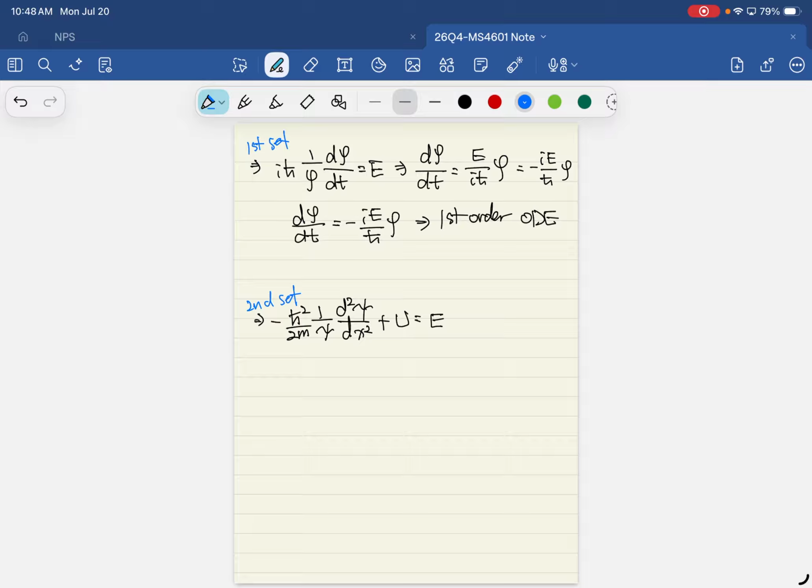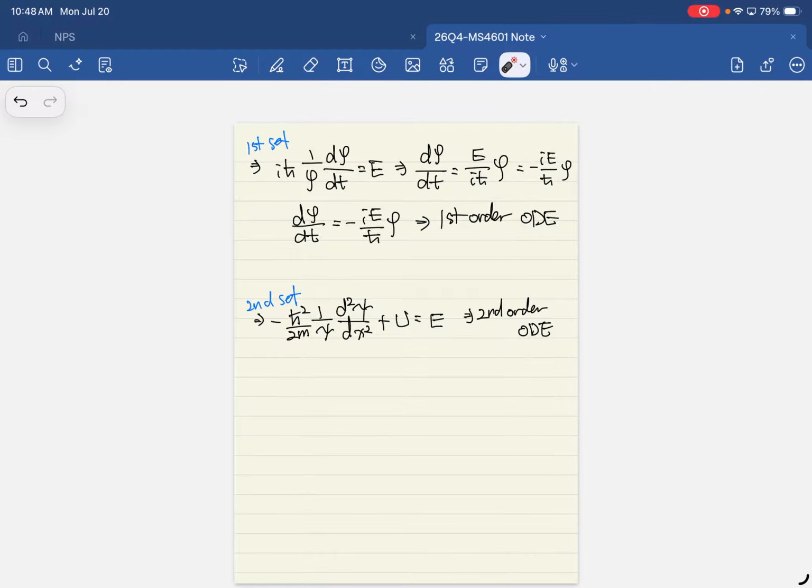If you look at this equation, it is a second order ODE, right?